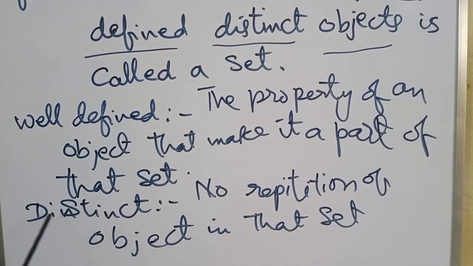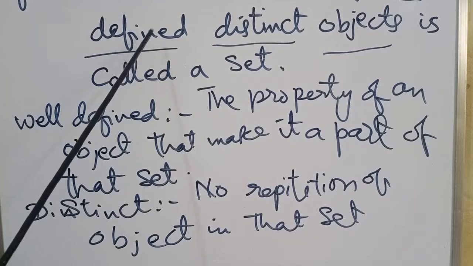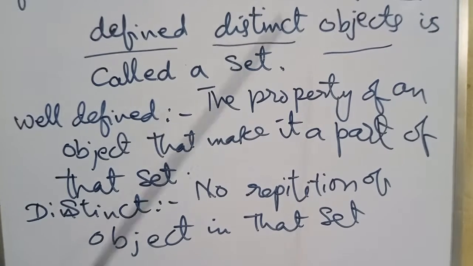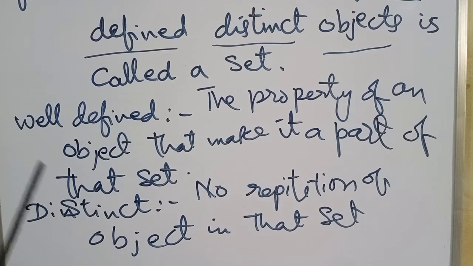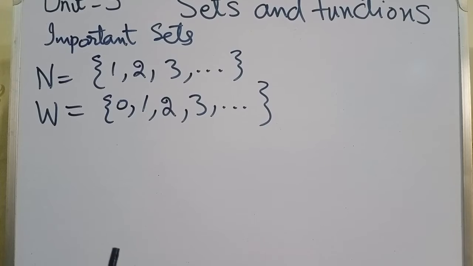I want to show you some basic sets and their properties and related explanation. We are very familiar with these important sets. Set of natural numbers is equal to 1, 2, 3 and so on. Set of whole numbers: 0, 1, 2, 3 and so on. These are the basic sets. Now we have three methods of writing a set.